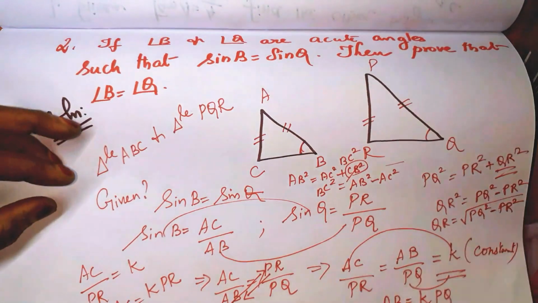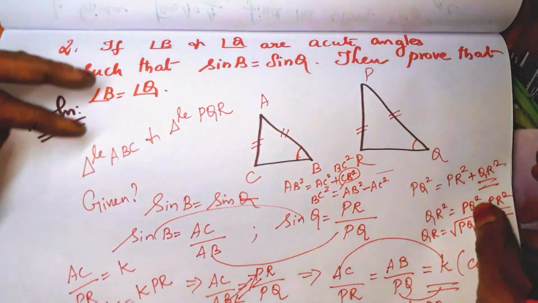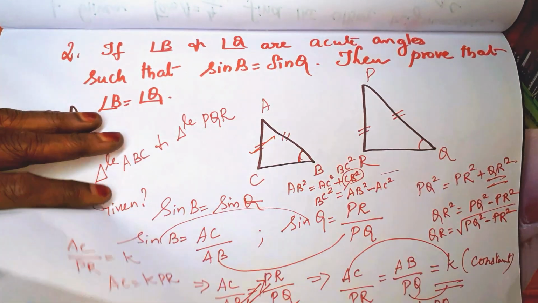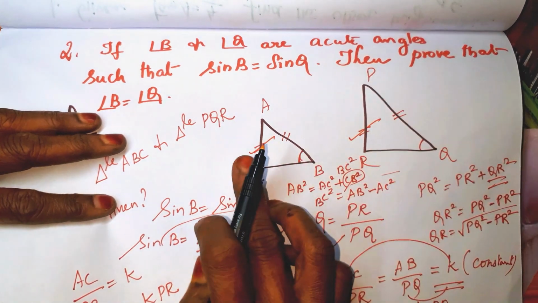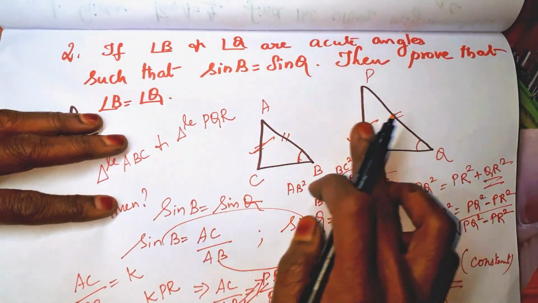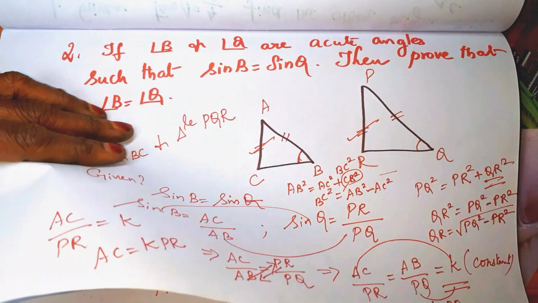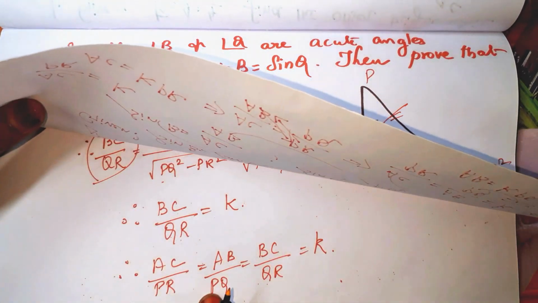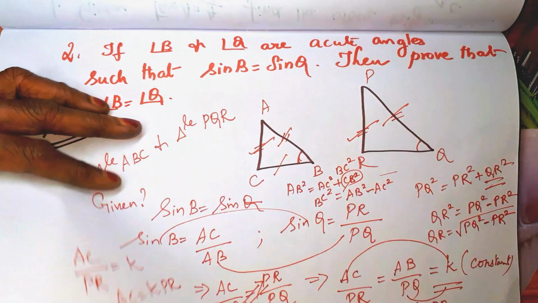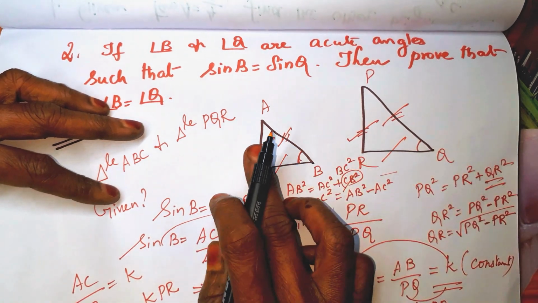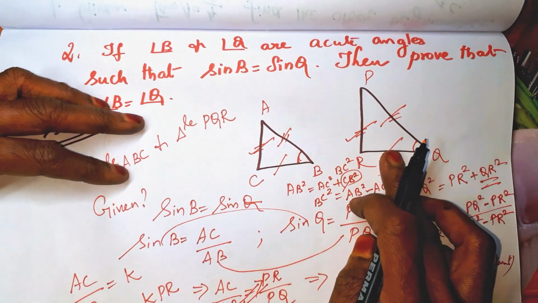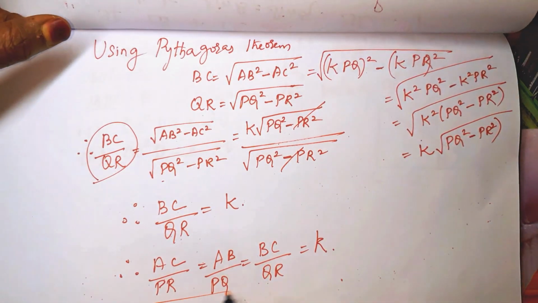Okay, see these triangles. AC by PR, this side and this side are the corresponding sides, right? And AB by PQ, and BC by QR. So this side along this side, and this side along this side, their ratios are equal.